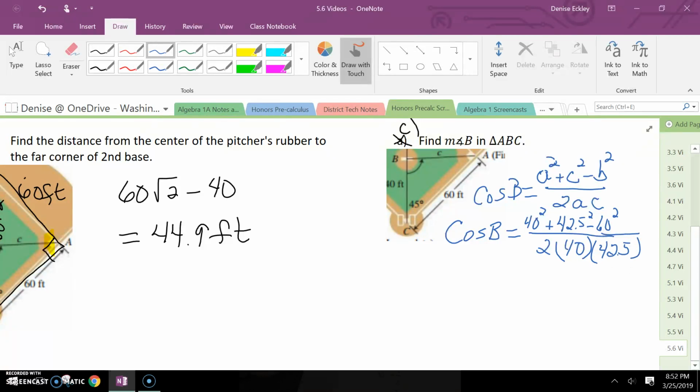So then B is going to be the arc cosine or inverse cosine of that. And again, like we did in our other examples, I will put this entire thing in my calculator so that I have the smallest possible rounding, so I have the most accurate answer.